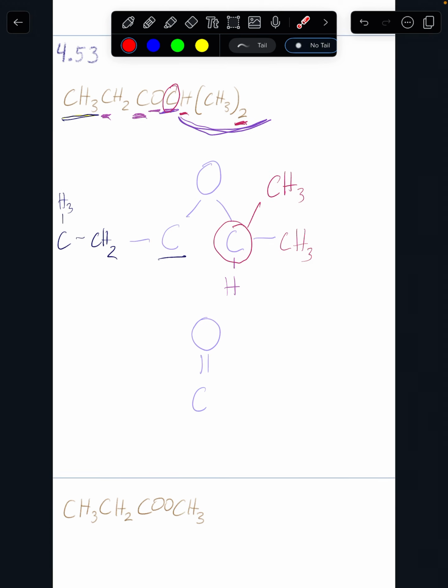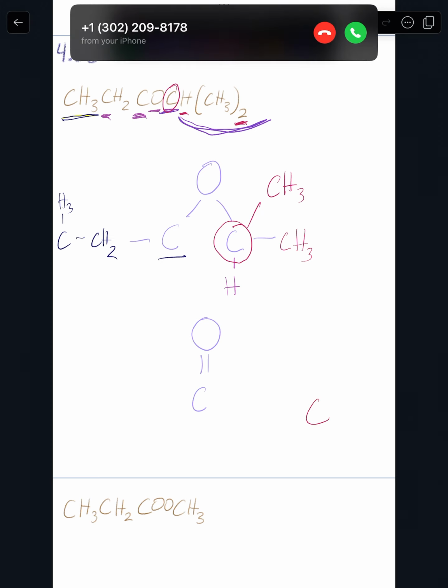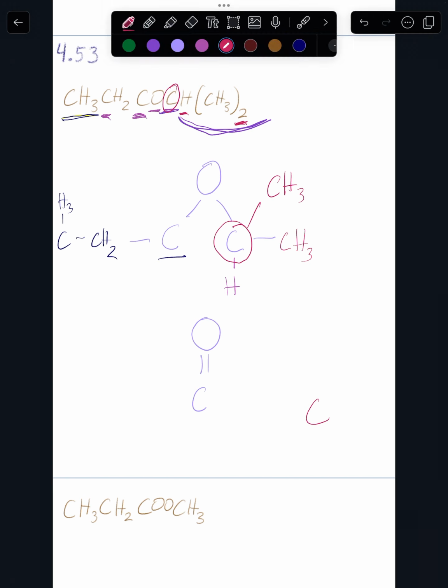So of course we have this carbon over here. It's all the way over here. We have 1, 2, 3 groups. We have our CH3, our CH3, and our extra hydrogen. Okay? So we need this 4th grouping here.